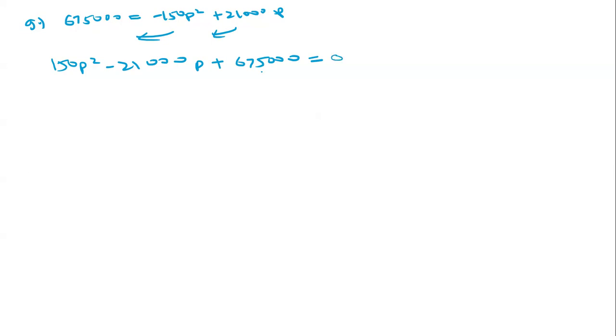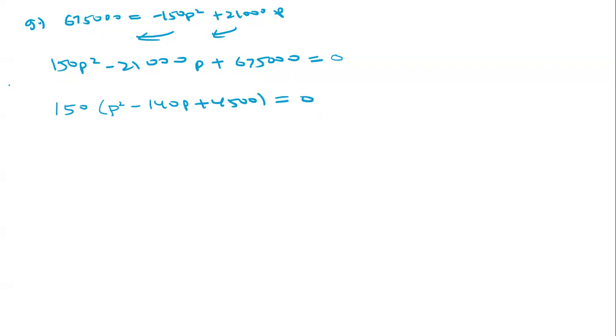This is going to be really hard to factor the way it is, so we need to factor out a term. I noticed that 150 here can go into 21,000 and 675,000. So I'm going to pull out a 150. When I pull that out, I'm going to have P squared minus 140P plus 4500 equals 0.